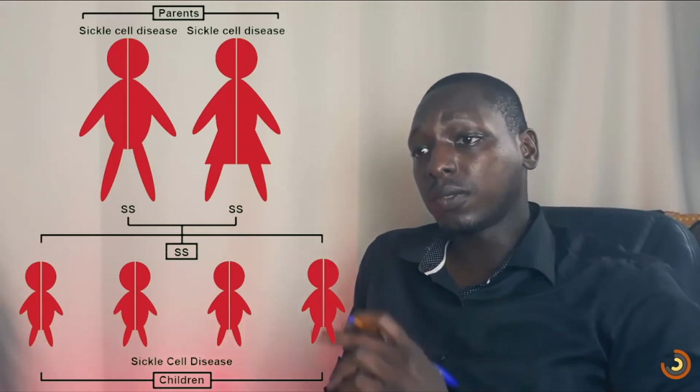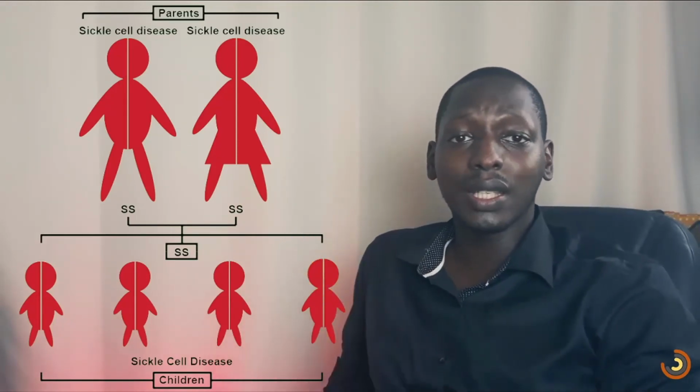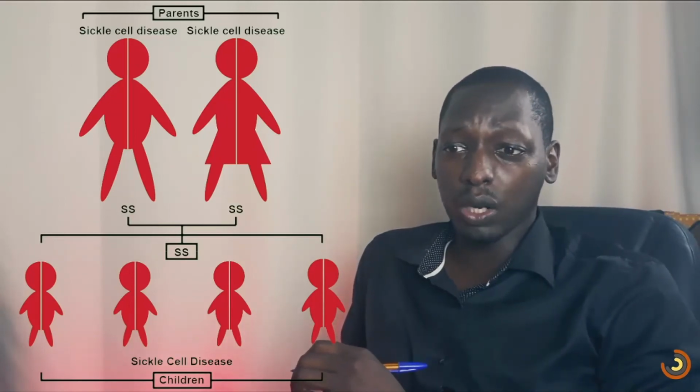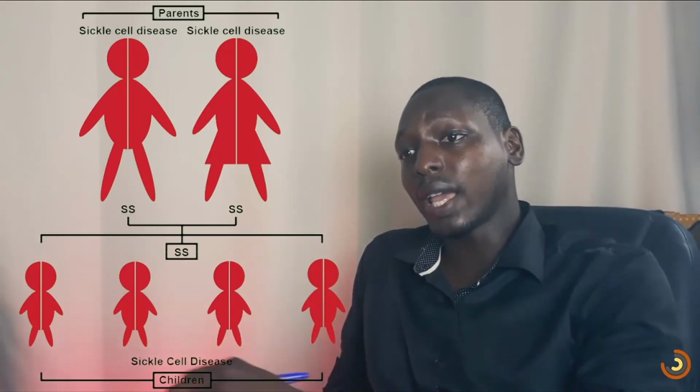Stay away if you're SS from anyone that is also SS, and as a matter of fact, from anyone that is also AS. So that was a summary of what sickle cell anemia is and what the practical ramifications of this disease are. Remember, you can suffer from sickle cell anemia, you can have normal hemoglobin, or you can have a condition known as sickle cell trait.